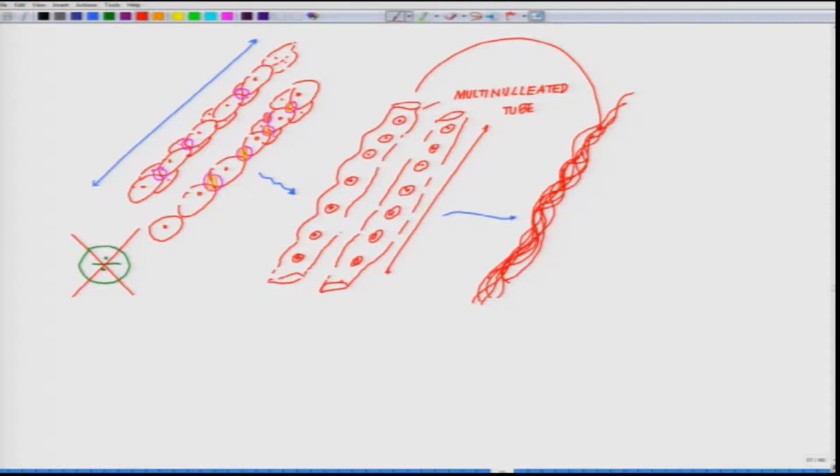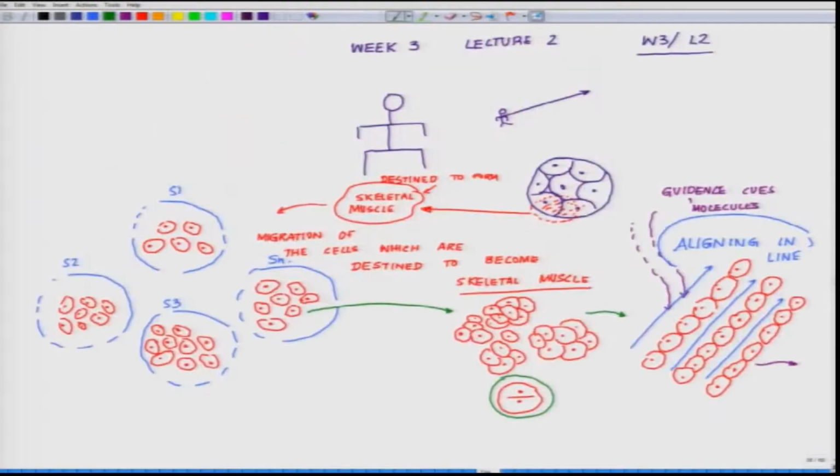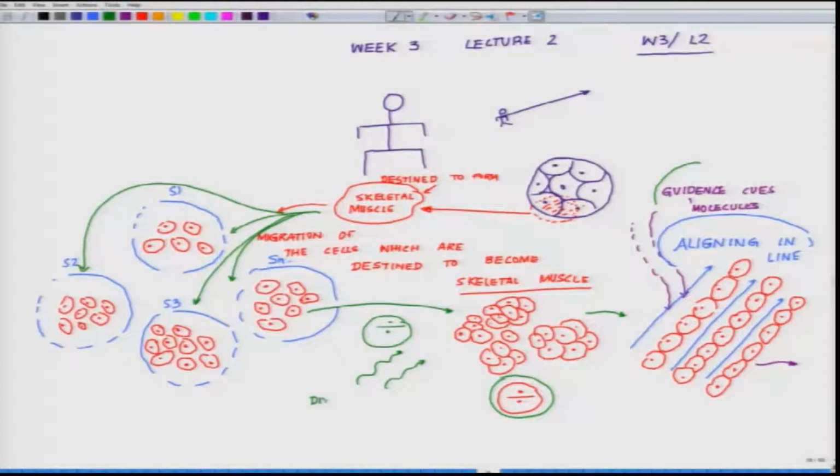Now, we have not talked about anything about the molecular players, but what we figured out is that at this stage also, as I told you in the previous slide, if we go back to the previous slide, there are guidance molecules from here. The guidance molecule guides these individual progenitor cells to move to their specific sites, and out here they get a signal to divide. So, it means there are dividing molecules which are present there.